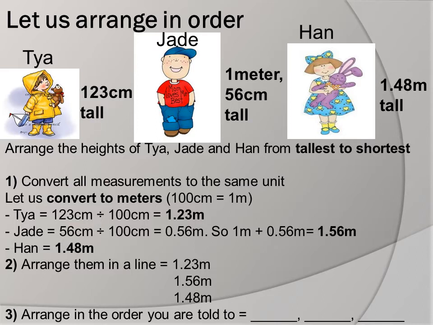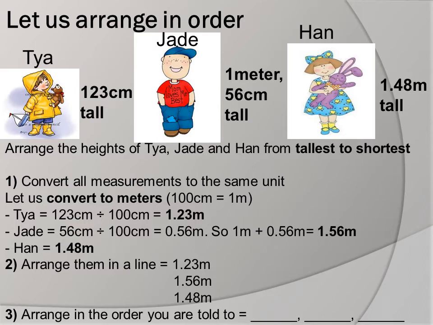Remember what I said to you? Change everything to decimals first. Then after that, you will be able to order. So, does that say anything to you? Here you need to change everything to the same unit first, and then you will be able to order.